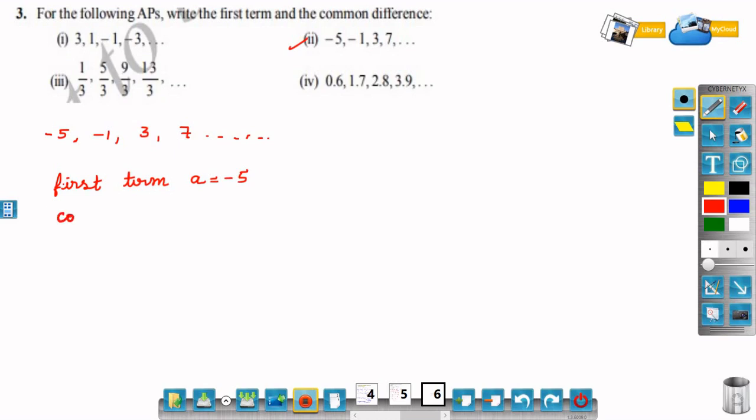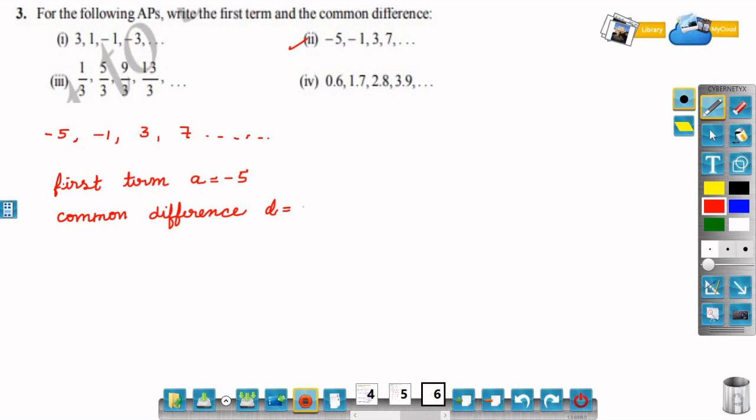Common difference, we represent common difference by D. Common difference you can find by subtracting A1 from A2 or A2 from A3 or A3 from A4.